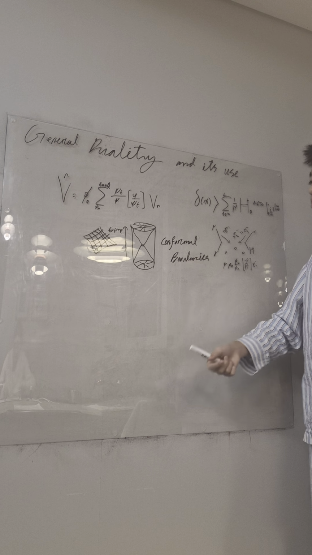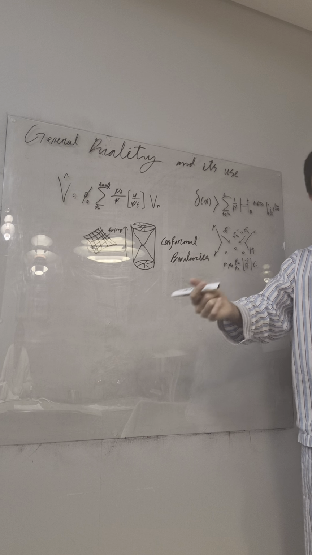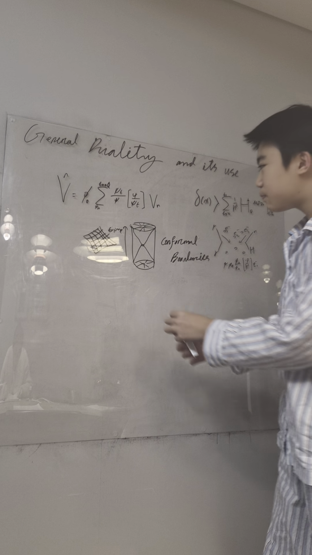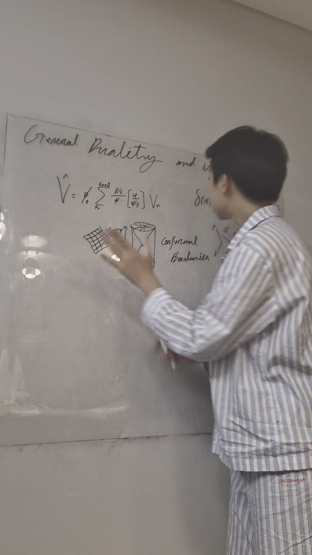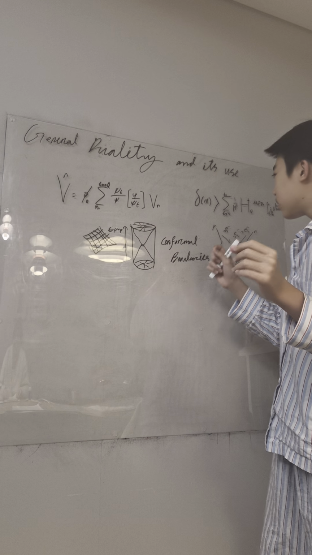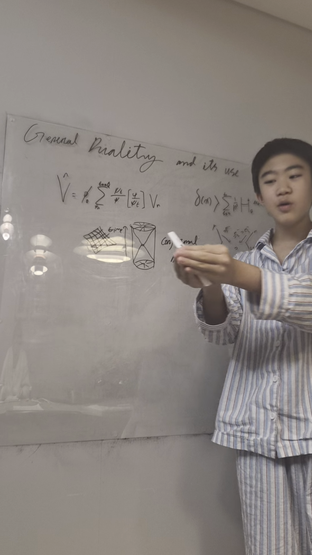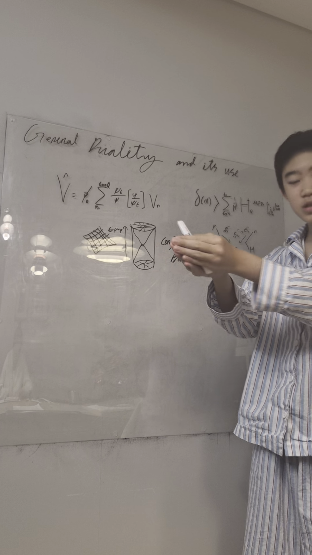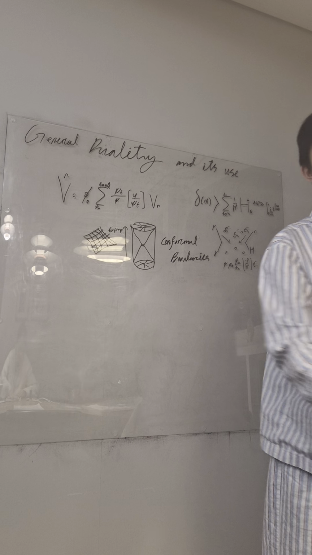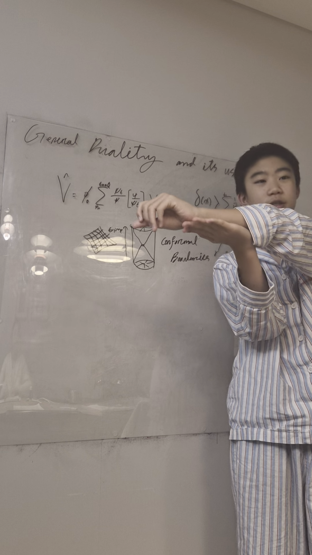This equation, this formula, when a space is like this formula, conformal boundaries are floating over the space, and when it floats, the space curves. It should be straight.